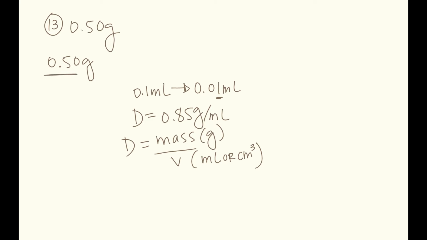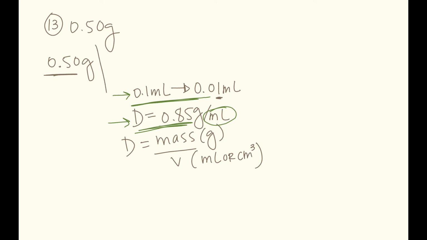This is what's given in the problem, 0.50 grams. I also have a graduated cylinder and the density. The graduated cylinder I'm going to use to measure, but I don't have any specific quantity right now. But I do know the density, which will give me the volume that I need.